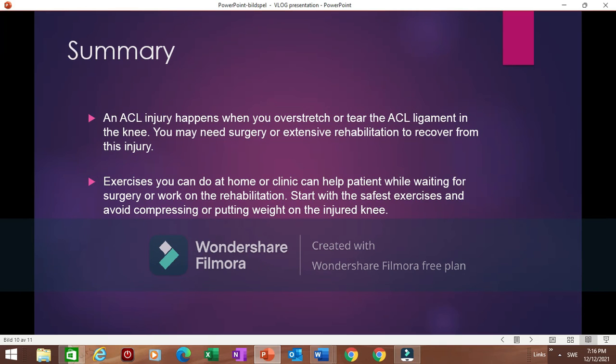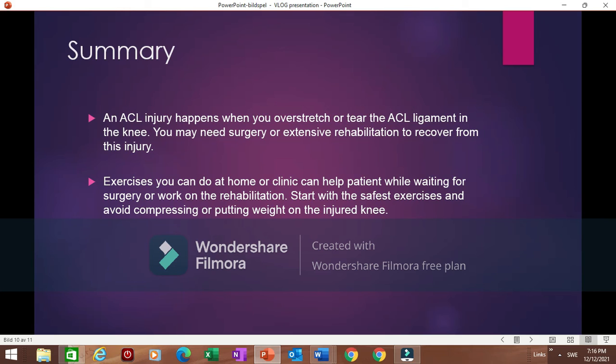As a summary, an ACL injury happens when the person overstretches or tears the ACL ligament in the knee, and it might need surgery or extensive rehabilitation to recover from this injury. Exercises can be done at home or at a clinic as we did in our presentation, helping the patient to recover faster.